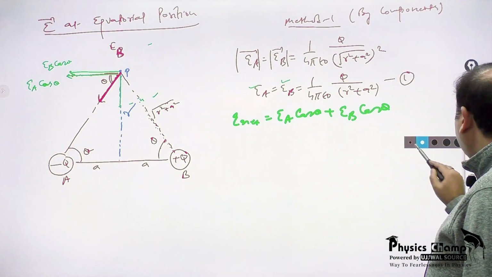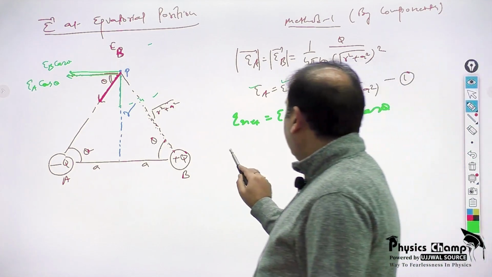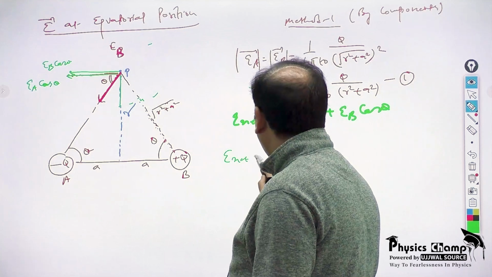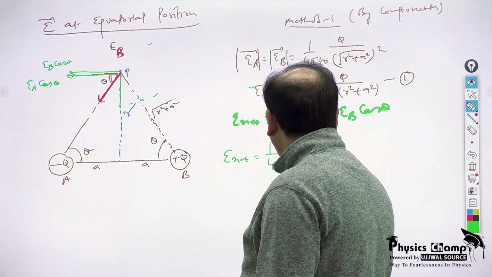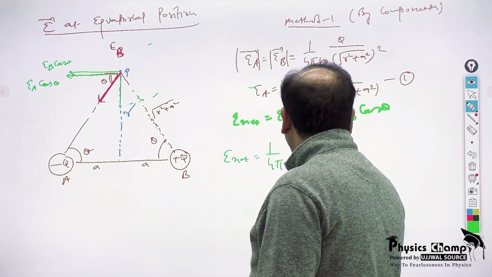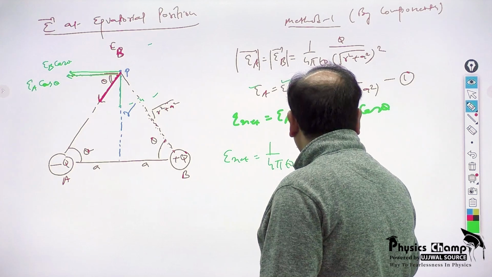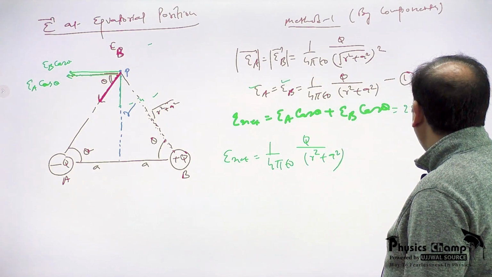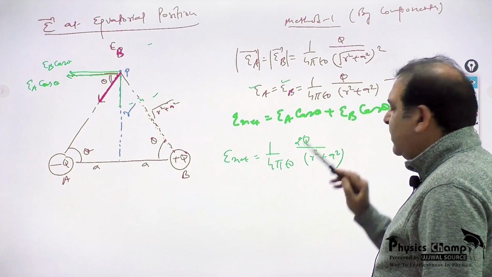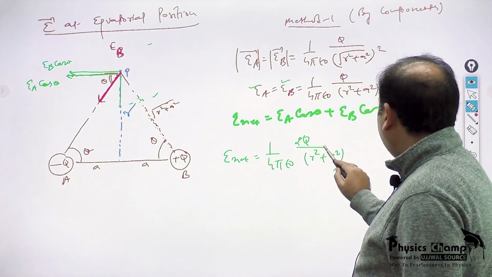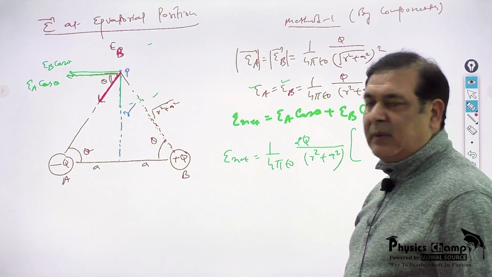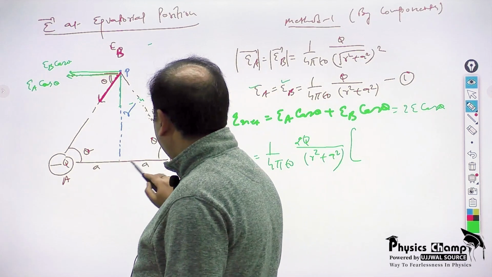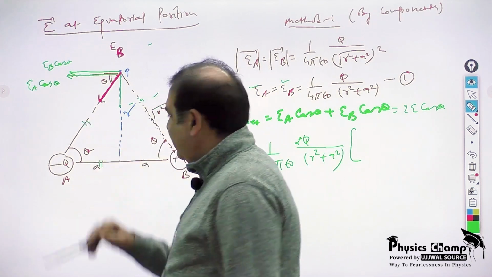Let's put the values of them. E net will be 1 by 4 pi epsilon naught q by r square plus a square, times 2 cos theta. So it will be 2q by r square plus a square, and let's put the value of cos theta here. Cos theta in this right angle triangle will be base over hypotenuse.